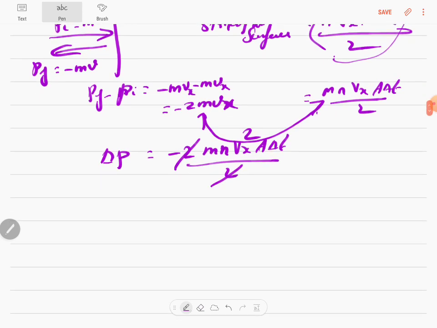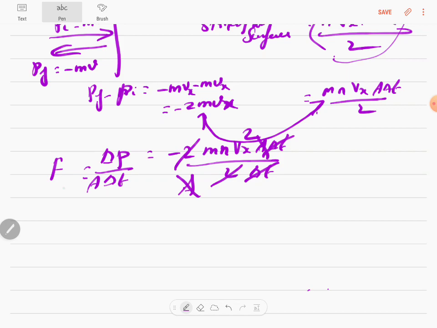Now dividing this by time, that is delta t again, you know this change in momentum by time is the force. So when you divide this, delta t gets cancelled and delta P by delta t becomes your force. When you divide this whole thing by area, the area gets cancelled.